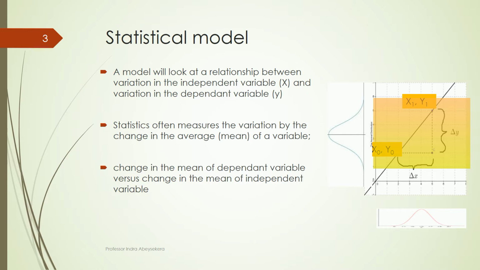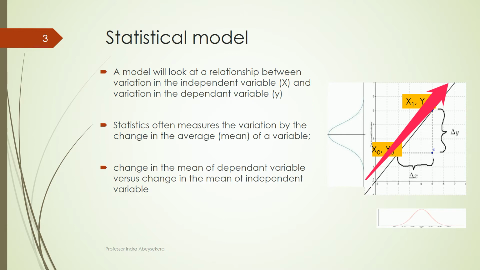So both variables are normally distributed, and if we draw the y-axis with the dependent variable and the x-axis with the independent variable, any change in the independent variable is captured by the change in the dependent variable.